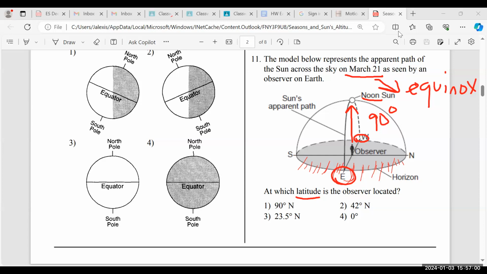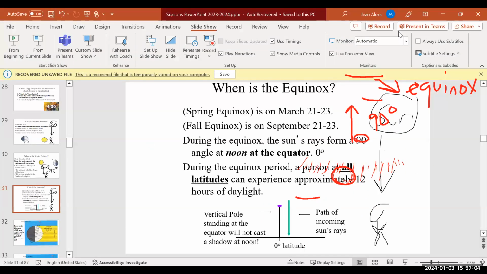So when I look back at my notes, what I learned about an equinox, they tell me right here, during the equinox, the sun's rays form a 90-degree angle at noon at the equator.